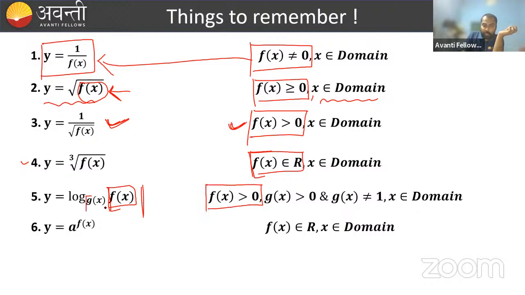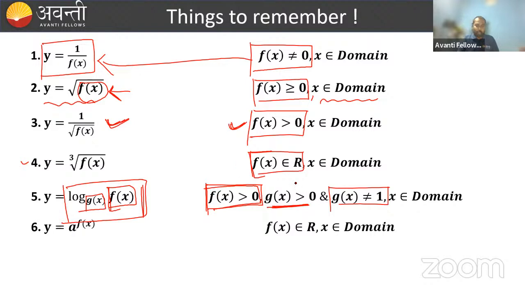And the base g of x must be greater than 0 and g of x is not equal to 1, right? So by solving these three inequalities, whatever solutions you get will represent the domain of the given function.